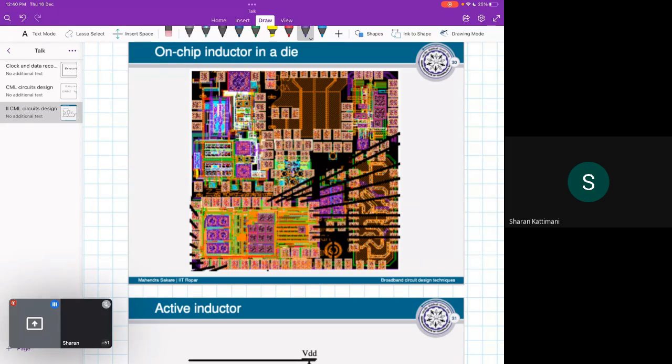Here you can see that these are the inductors, the circles. So there are only 4, 5, 6 inductors, not more, but much of the area is consumed by the inductors themselves. Even the capacitor is also very area consuming. Here you can see these are capacitors.